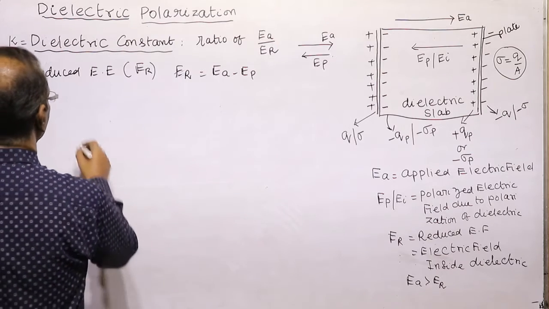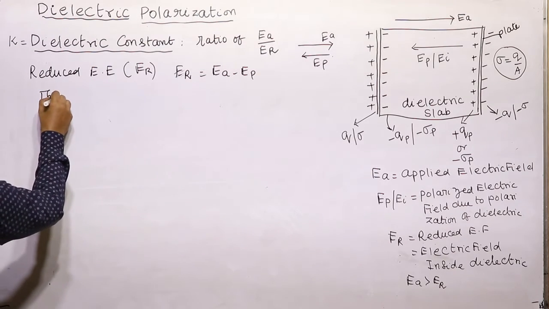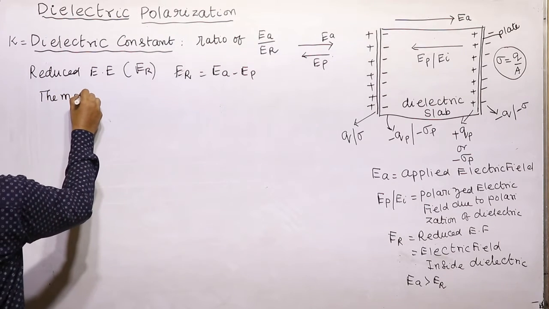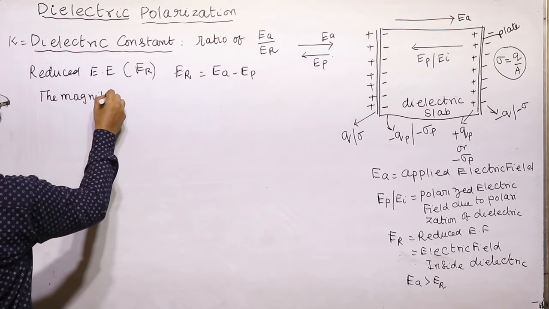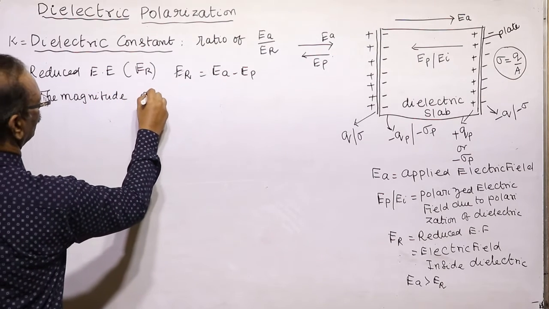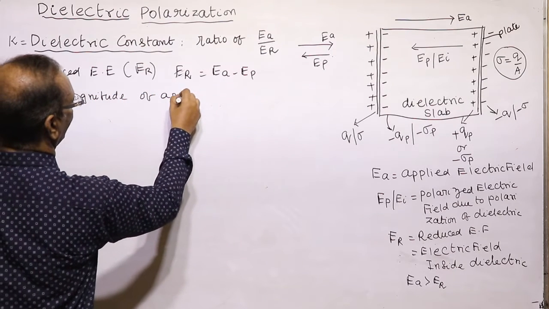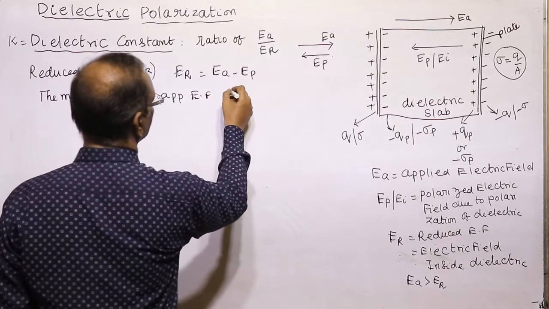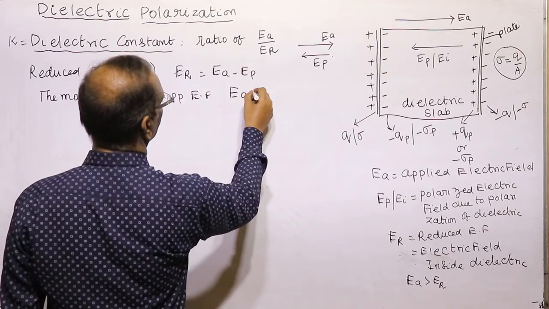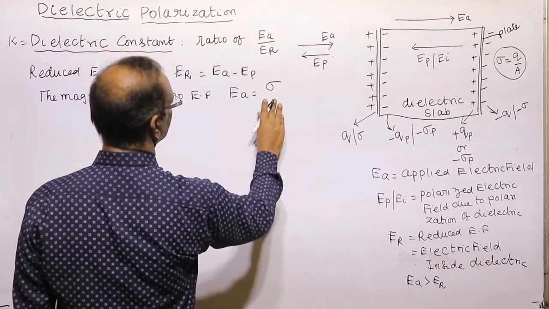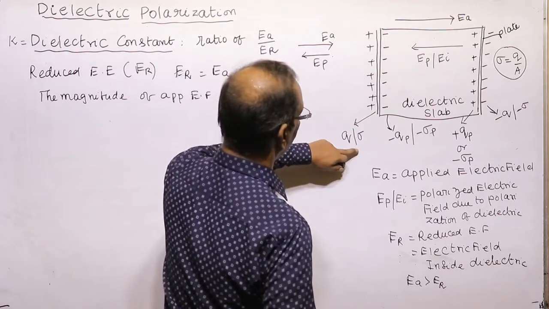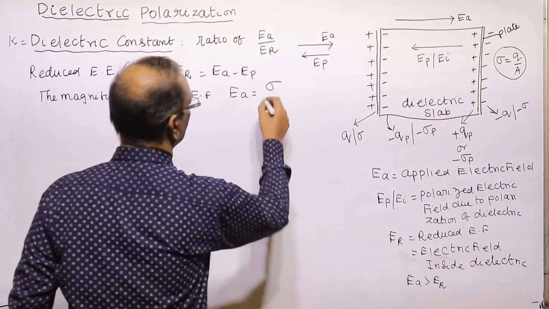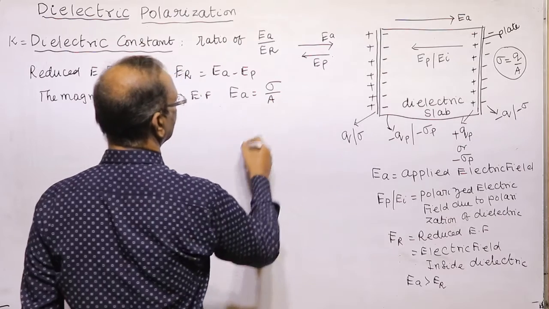See, the magnitude of the applied electric field, that is E A is equal to sigma, the surface charge density of this plate, divided by epsilon naught.